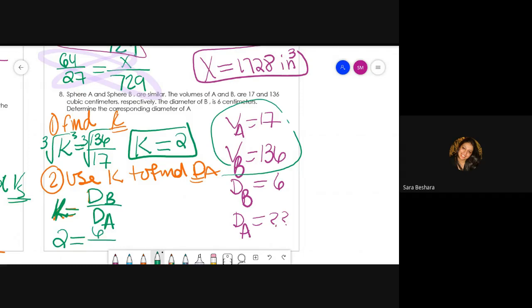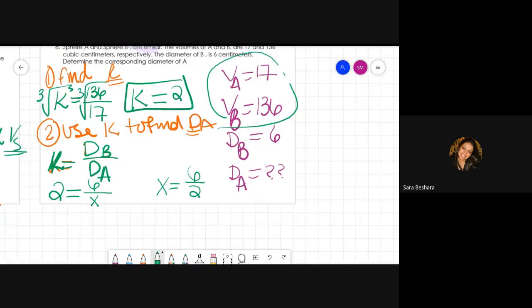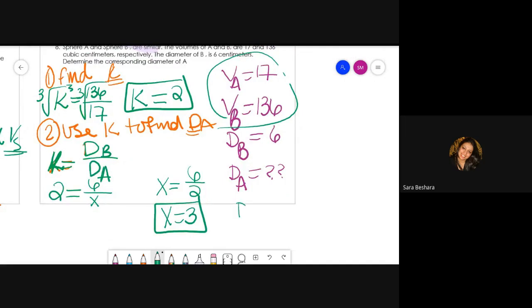Diameter B is 6. Diameter A is unknown. X is on the bottom. What do we do? Divide 6 by 2. You always divide the number that's on the top of your X by the other number on the other side. So it'll be 6 over 2. So X is 3. That means the diameter of sphere A is 3 units.